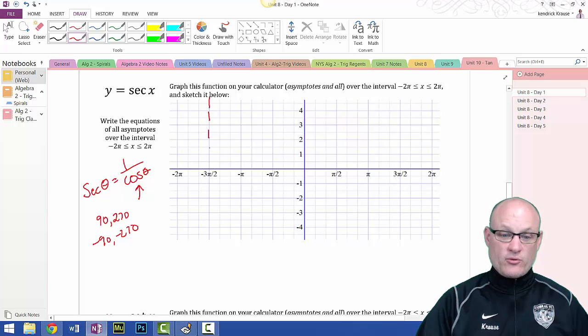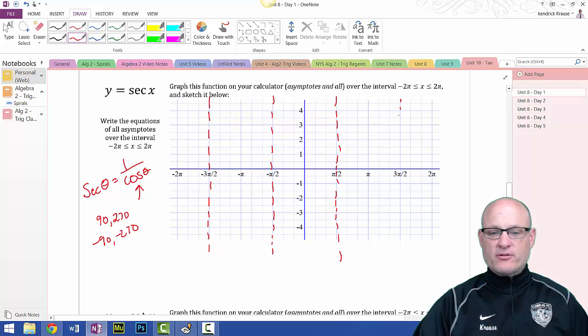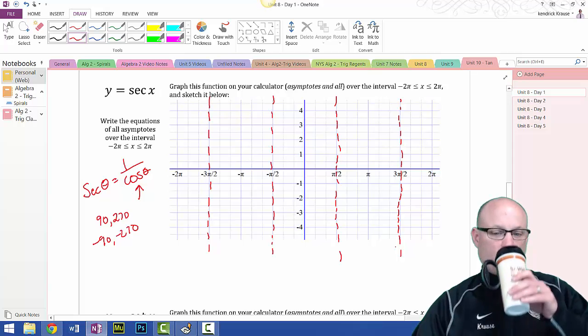So at all of those, which is what I'm doing, this is negative 270 or negative 3 pi over 2, and this is negative pi over 2, and this is positive pi over 2, which I just drew amazingly awful. And this is positive 3 pi over 2. I'm sorry I'm not looking you in the eye. I'm really dreaming about drinking some more coffee.